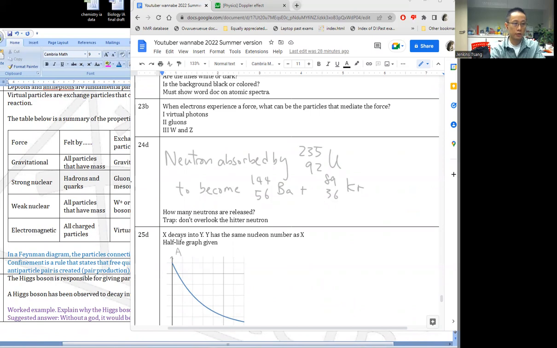It describes a nuclear reaction during which a neutron is absorbed by a nucleus of uranium-235 to become two daughter nuclei with identity fully shown. The question asks how many neutrons are released, and what a lot of people will overlook is the fact that there is a hit neutron. So there's a total of 236 nucleons involved.